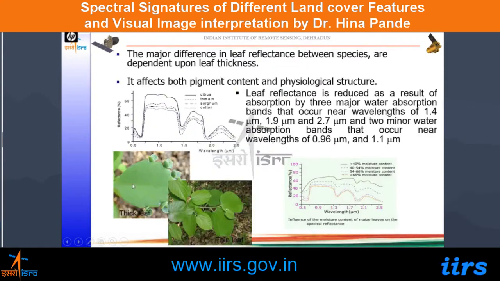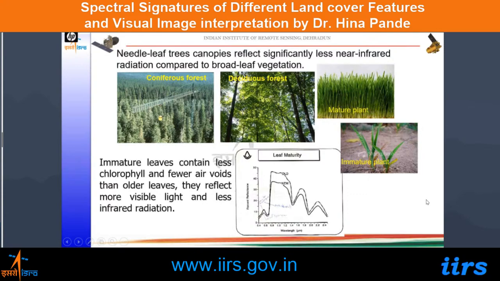Then the physical characteristic of leaf thickness will also have an effect on how much energy is reflected. Thick leaves are going to reflect differently, and thin leaves will reflect differently. So you can see in the curve here how the curve shape changes. Then the shape of the leaf.